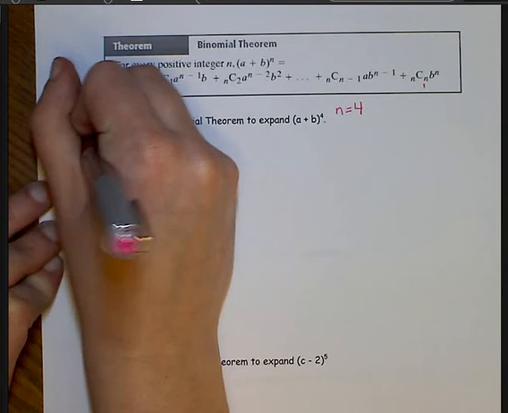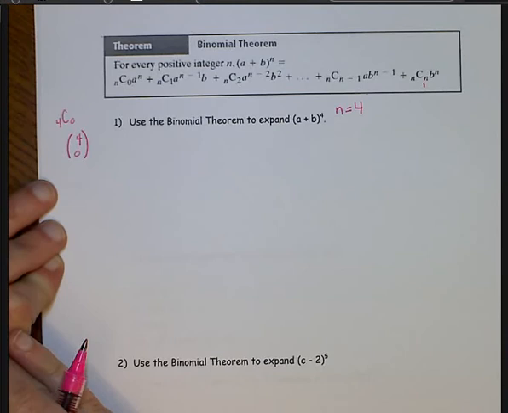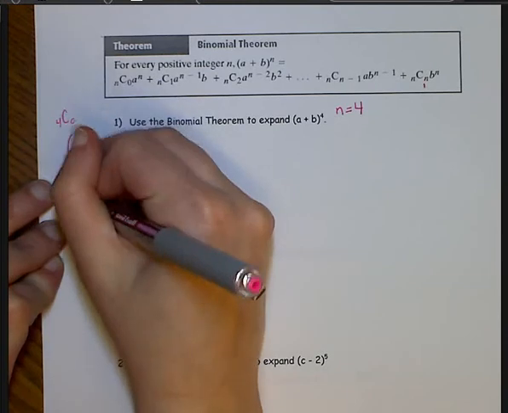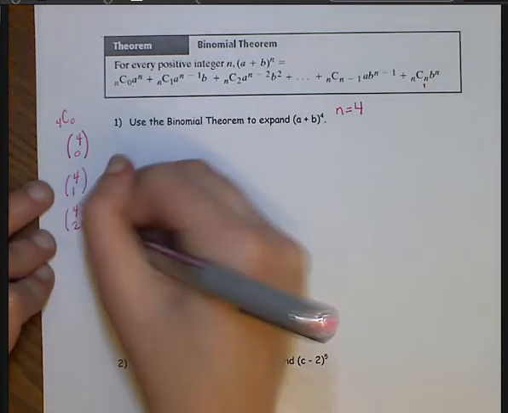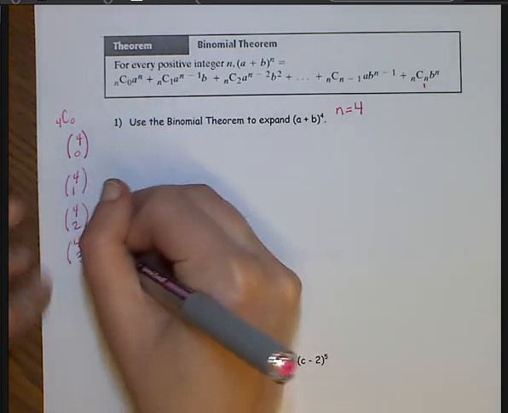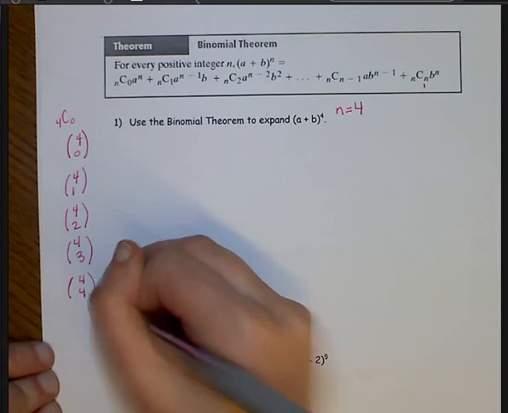Again, that's the same thing as writing it like this. Then I'm going to use 4 choose 1, 4 choose 2, 4 choose 3, until I get to 4 choose 4.